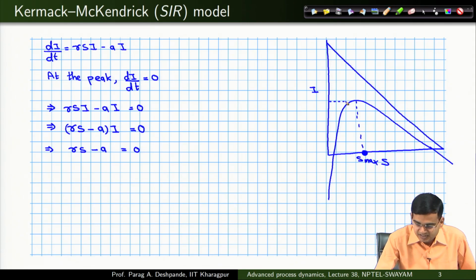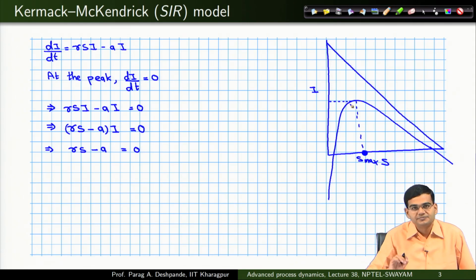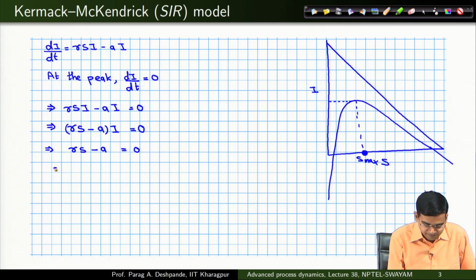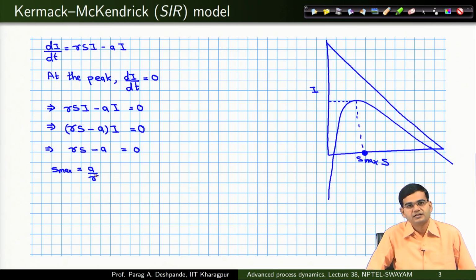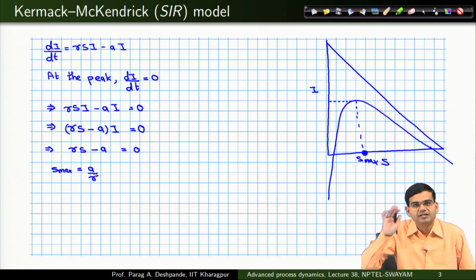S max means the S corresponding to I max. Therefore, S max would be equal to a upon r. So, when the population of the susceptibles becomes equal to a by r, you get the peak.